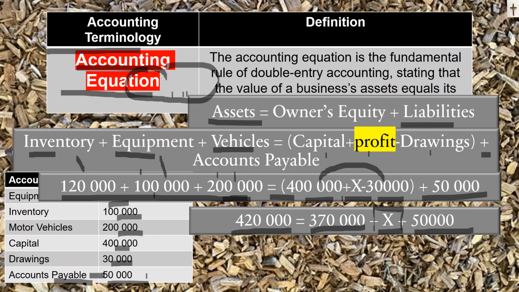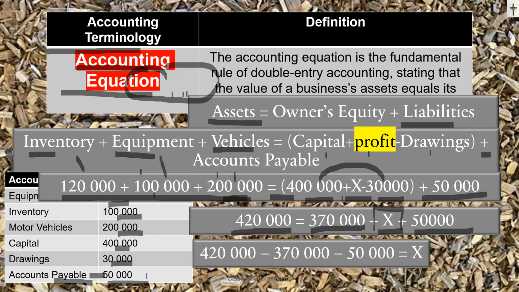I get X on its own. So I take the 50,000 across, the plus becomes a minus. I take the 370,000 across, it becomes a minus. 420,000 minus 370,000 minus 50,000 is equal to the profit.